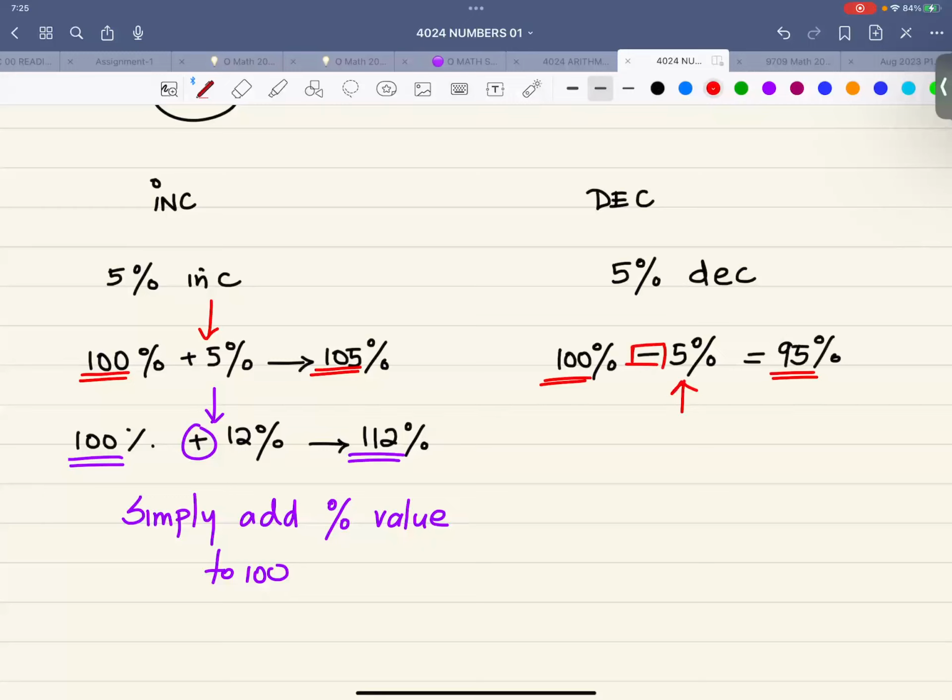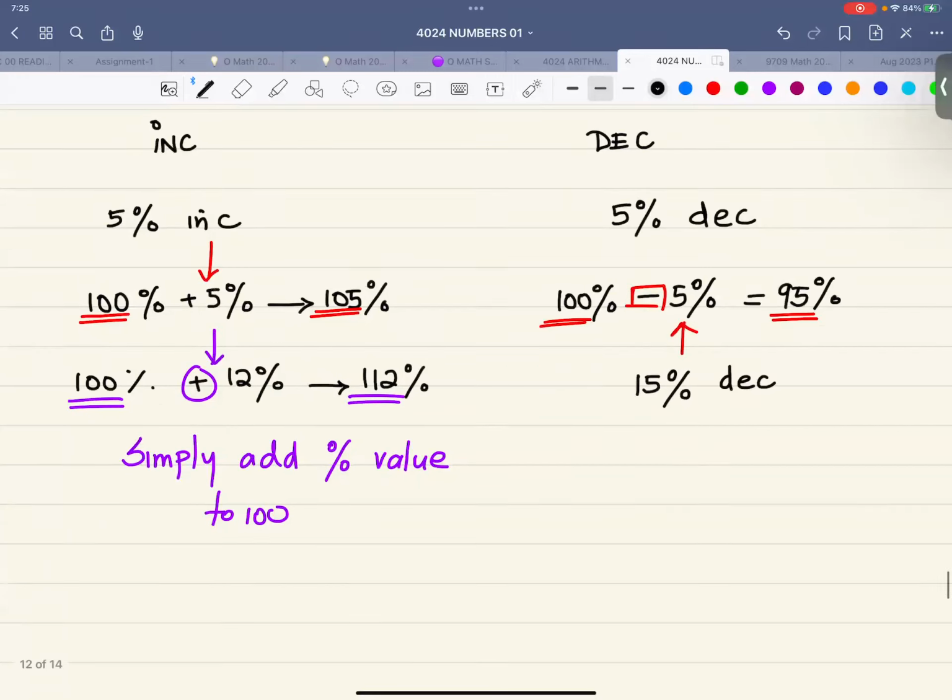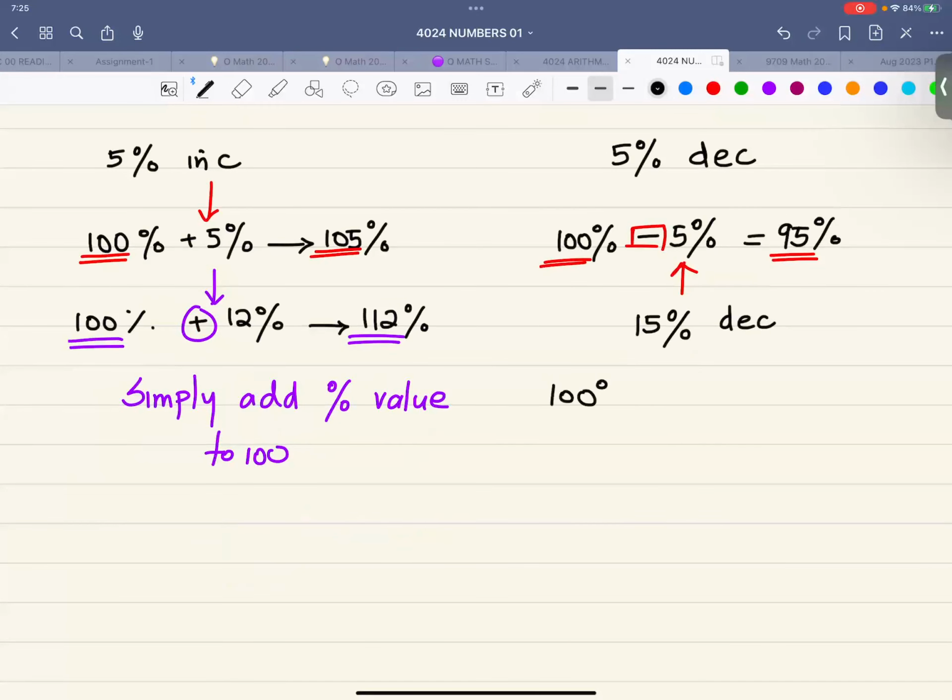Similarly, if I have a question regarding a 15% decrease, a 15% loss, then 100% minus 15% comes out to be 85%. Again, a value of 100 is becoming 85 because of this decrease of 15%.